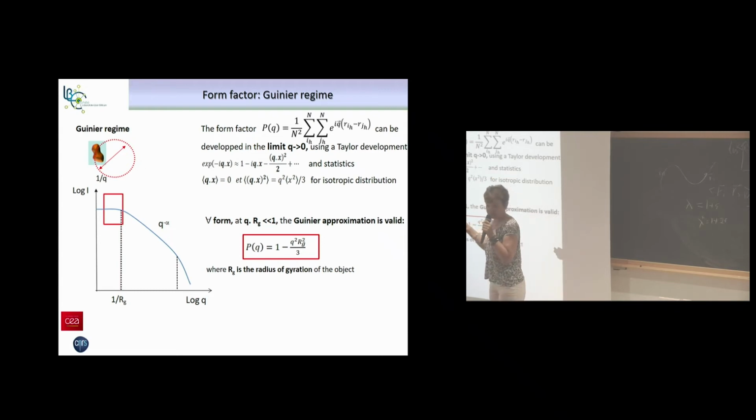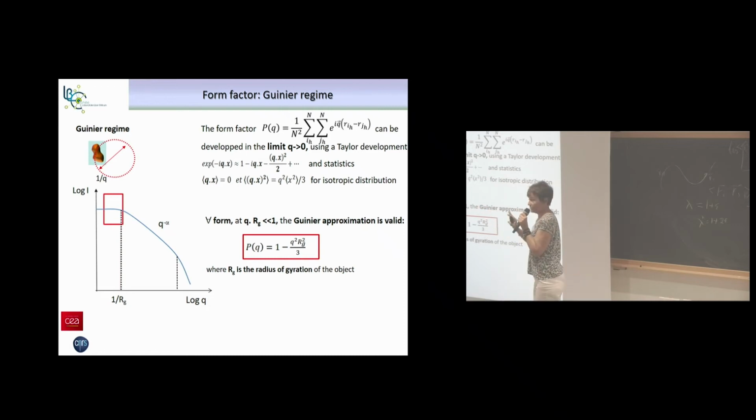Okay, so then the Guinier regime. The form factor of the molecule is this equation, and this equation can be developed at zero Q value using Taylor expansion and so on. Whatever the shape of your object, you can always develop this formula, and it gives this equation.